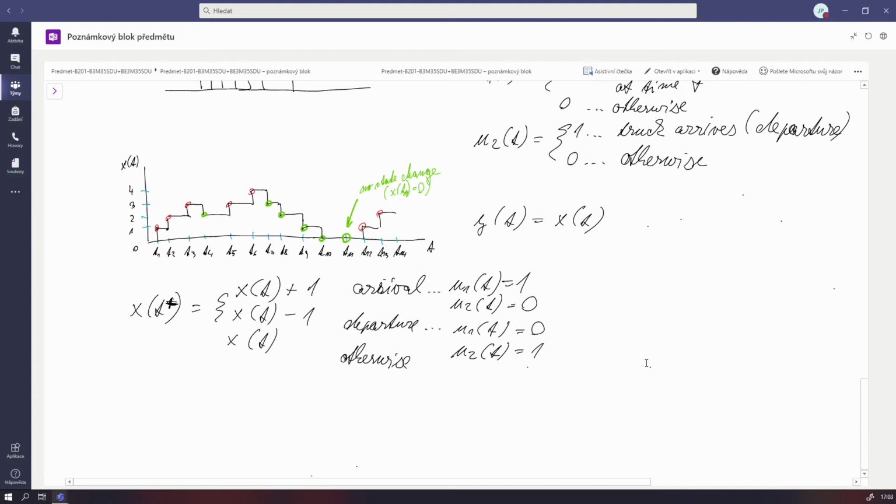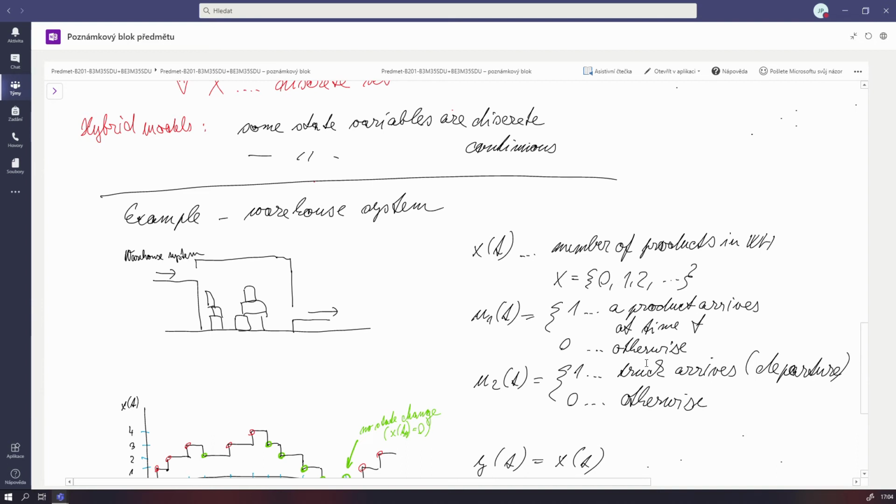So this is the sample path, and we had to define a new notation because of the discontinuities in the sample path, in the changes of the state variable.